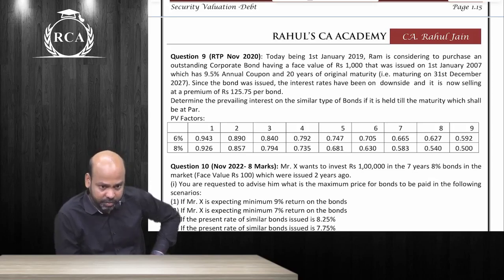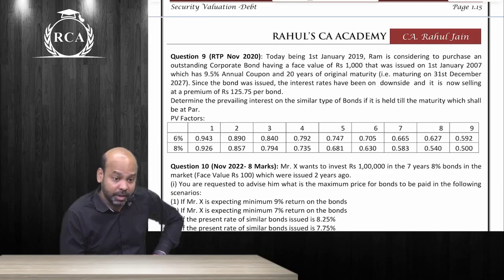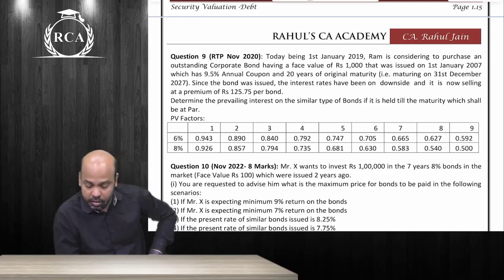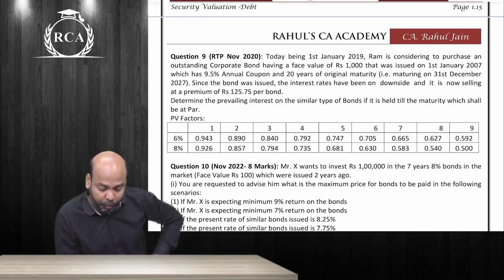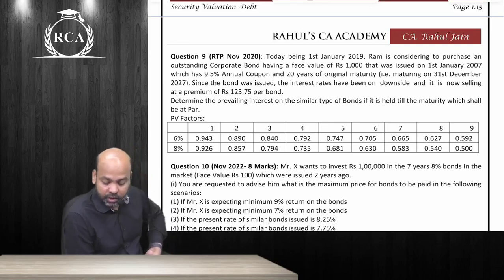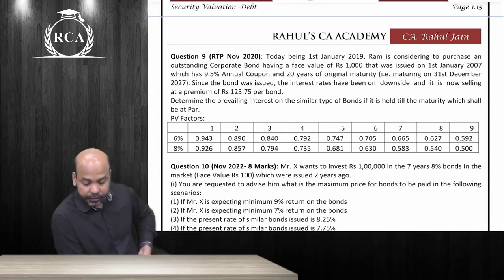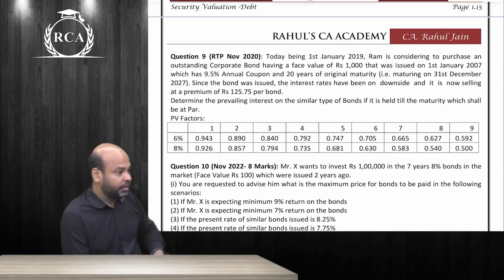Irrelevant. ठीक है? Because we are valuing the bond as on 1st Jan 2019, you will have to take the remaining maturity from the current date, which has a 9.5% annual coupon and 20 years of original maturity. That is, they're maturing on 31st of December 2027. The bond was issued 12 years ago with a total maturity of 20 years. So what will be the remaining maturity today? The remaining maturity beta will be 8 years.